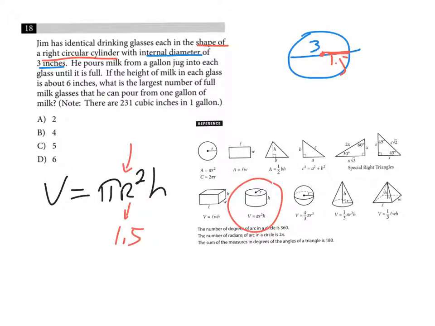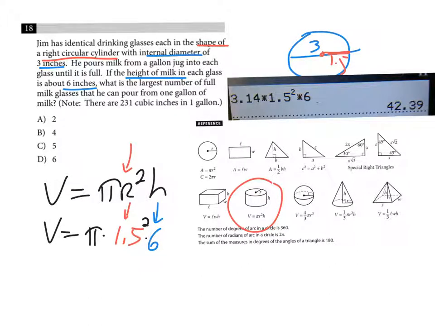Here the question says the height of the milk is about 6 inches, so I'm going to plug in the h is going to be 6. So that tells me the volume is going to be pi times the radius, which is 1.5 squared, times the height, which is 6. So here the volume is going to be about 42.39.